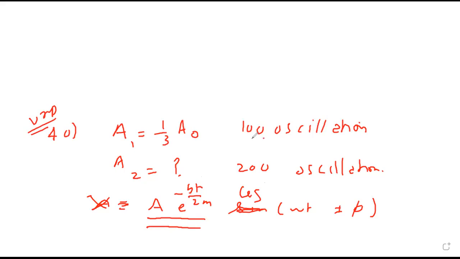That is telling 100 oscillation becomes 1/3. Then 200 oscillation, it will become how much? This is the question. A means original amplitude, which I have denoted as A0. bt upon 2m.